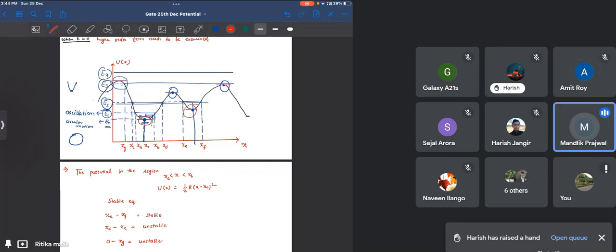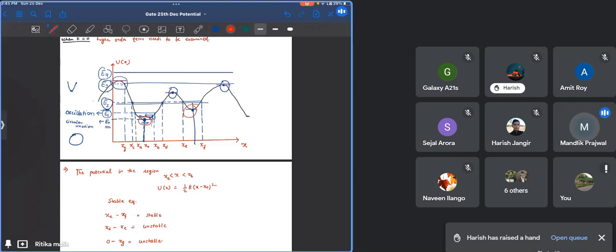Ma'am, how will it go to the second well? It cannot have an energy which can cross that potential, no? That's the same question that was answered by Amit: in quantum mechanics that is possible with the tunneling phenomenon, which says that your wave function has some decaying form that will lead to this transition.